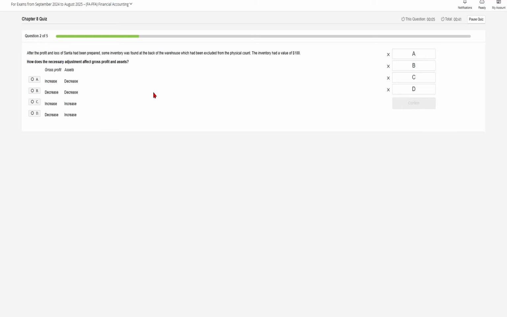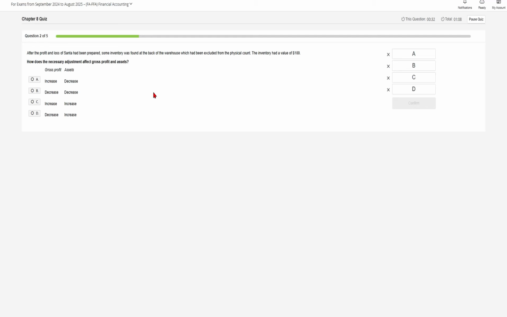After the profit and loss of Santa had been prepared, some inventory was found at the back of the warehouse which had been excluded from the physical count. The inventory value was 100. So how does the necessary adjustment affect gross profit and the assets? To correct this error, we need to consider the inventory of value 100.